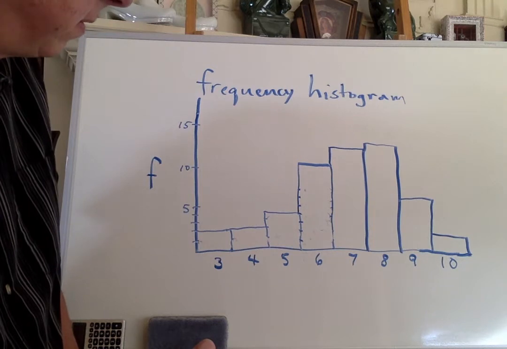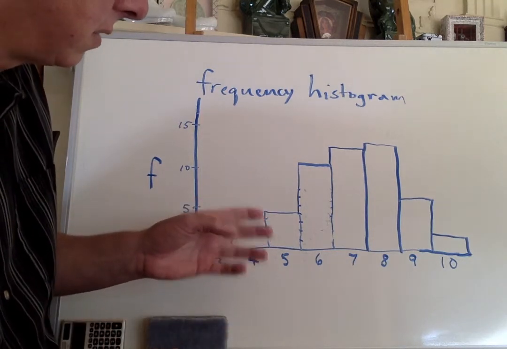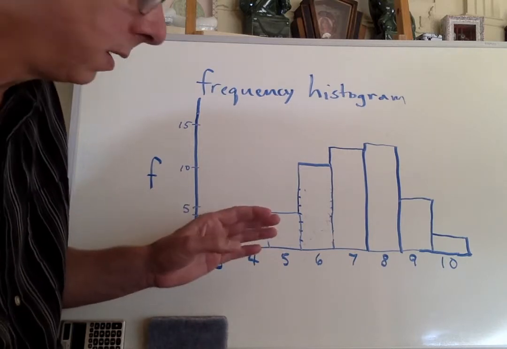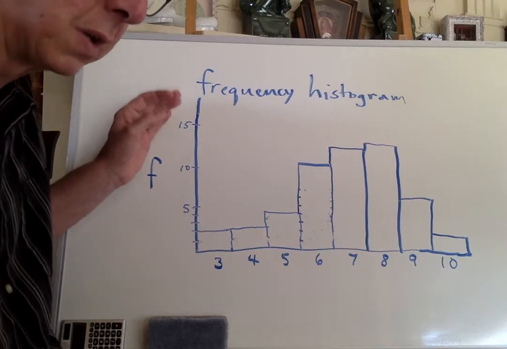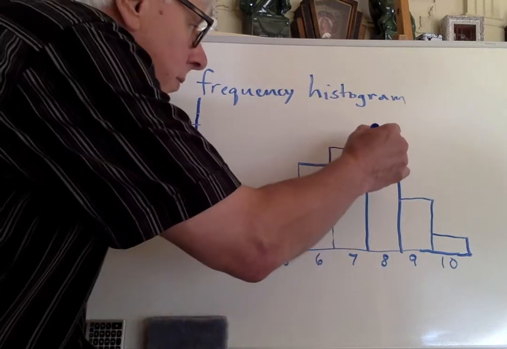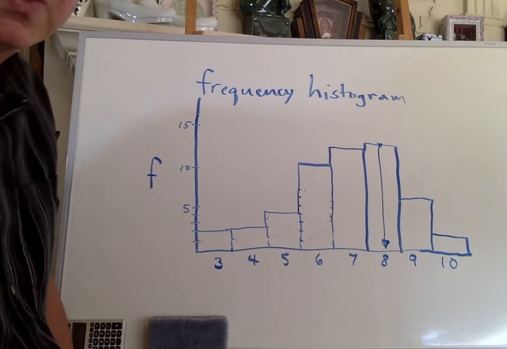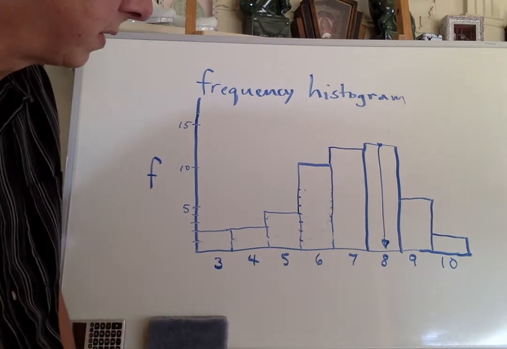And you can sort of see, of course, one of the things that you can see from this frequency histogram is the mode, because the mode is the most frequent score. So it's the place where we see the highest point in the graph, which is right here, right? And we look down and we say, okay, the mode is 8. Okay? It's a pictorial representation.